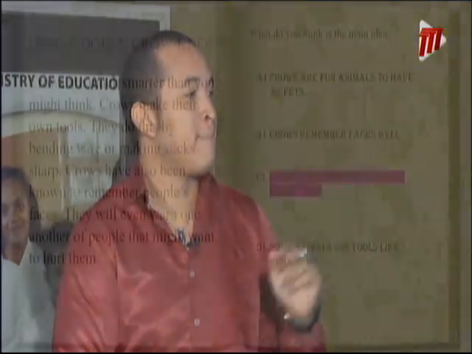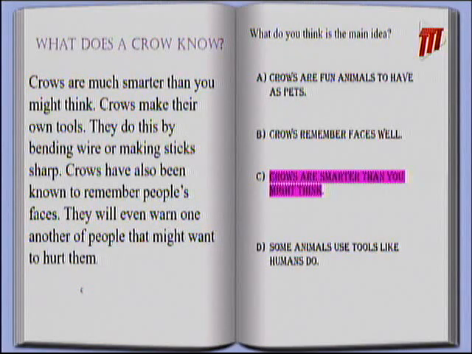So the answer is C. Crows are smarter than you might think. So if you look at the paragraph that we have here, every piece of information in that paragraph points towards the same main idea, that crows are intelligent creatures, right? But let's go over A, B, and D, and even C to see why they would not work in this particular piece.